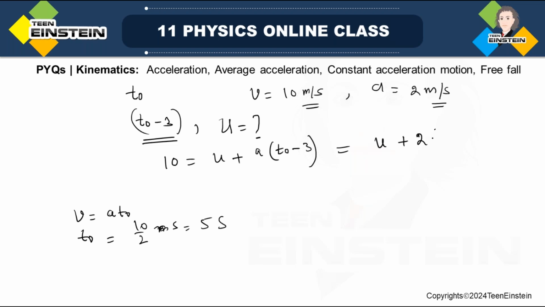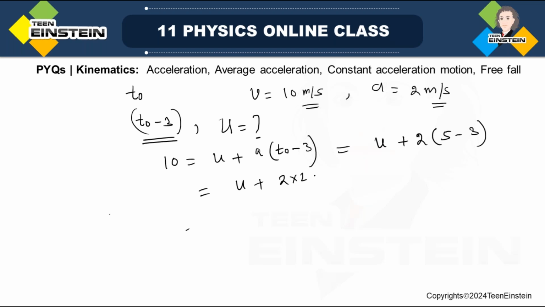This is 2 into 5 minus 3 seconds. So I have found t0 as 5 seconds. Now we have u plus 2 into 2. This is already 10.